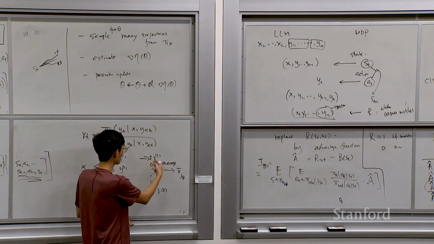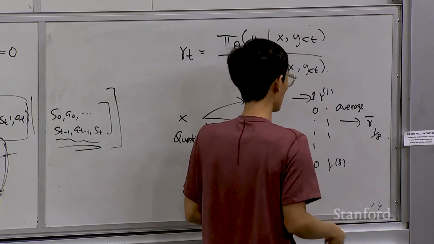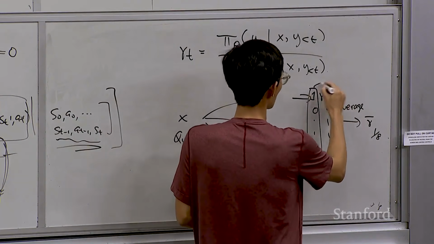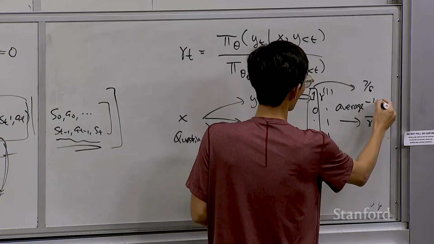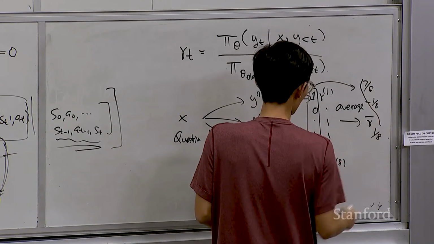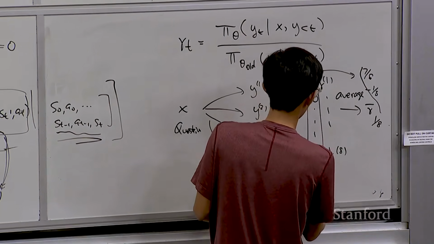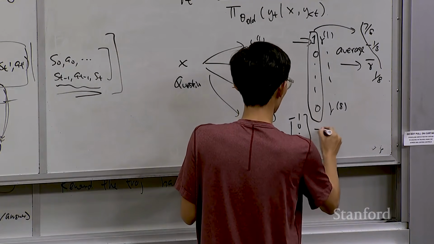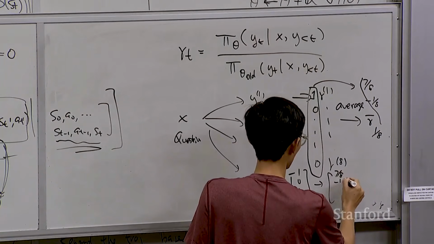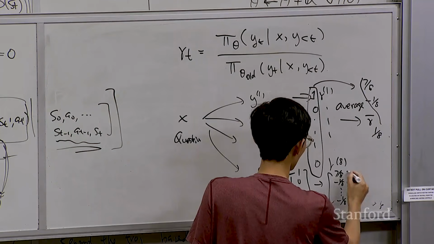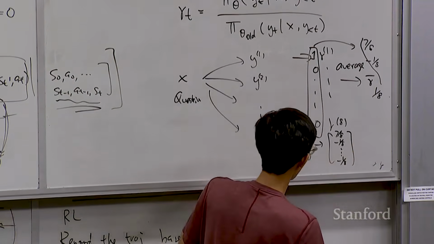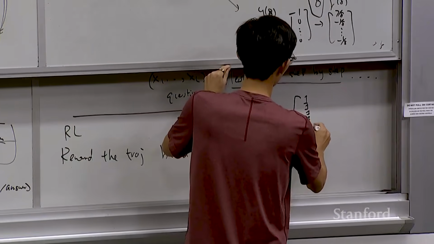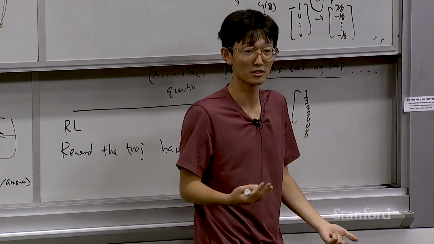But if you have a different situation, the rewards are adjusted differently. For example, the 1, 0, 0, 0, 0 gets adjusted to 7/8, minus 1/8, minus 1/8. On the other hand, suppose you have 1, 1, 1, 1, and 0, 0, 0, 0, so 4 1s and 4 0s.